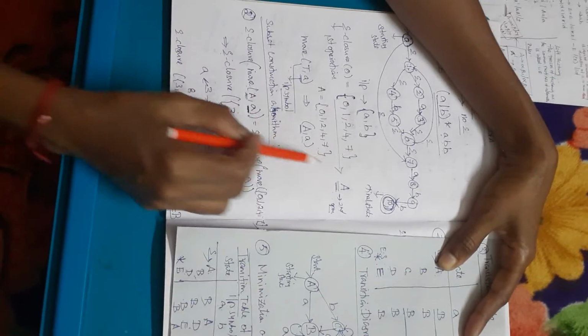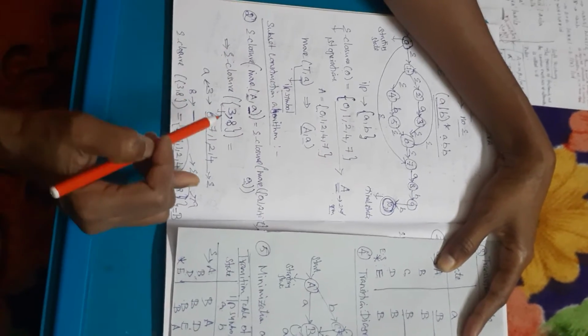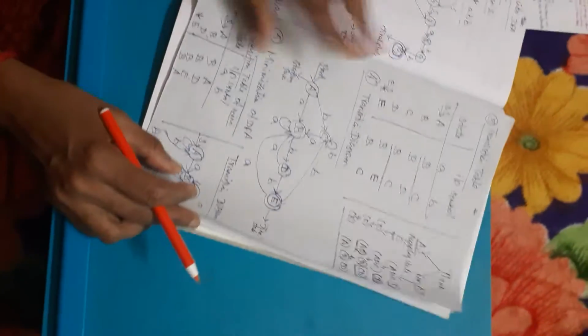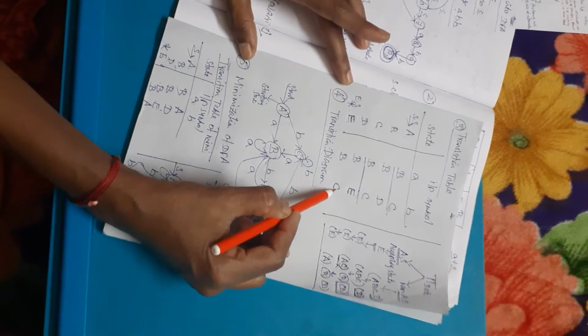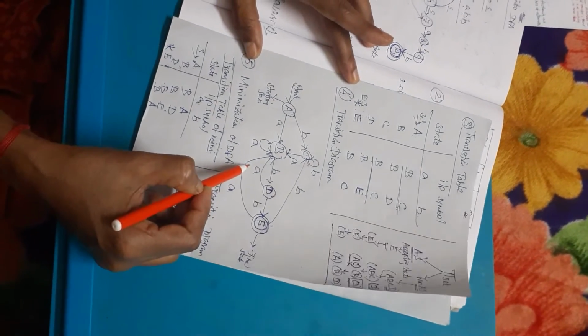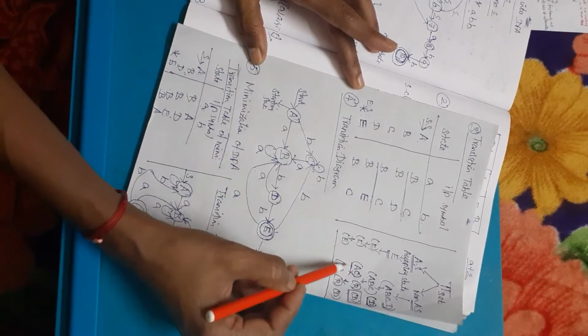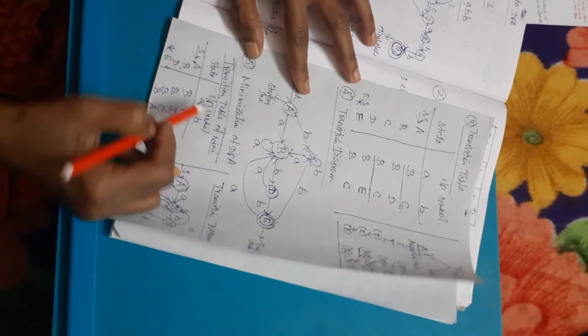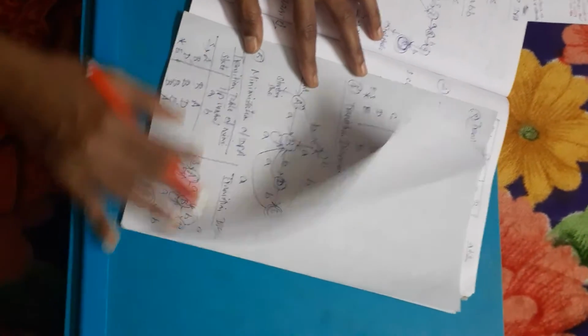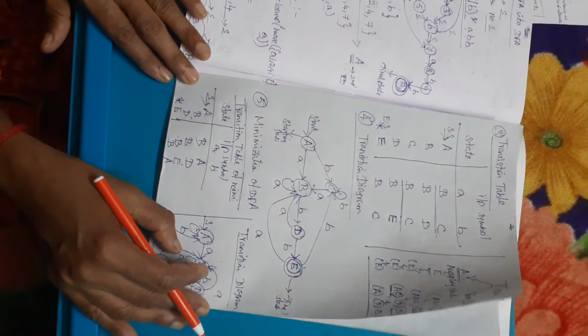After completing all the operations, you go for the subset construction algorithm. After the subset construction, you draw the transition table and transition diagram. Next, you solve the minimization problem. After minimization, you write the transition table and then the transition diagram. The problem is solved. This is the conversion of NFA to DFA.